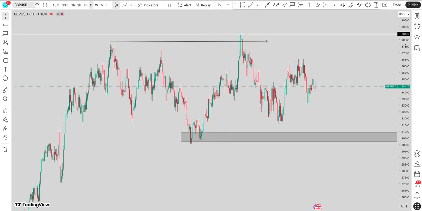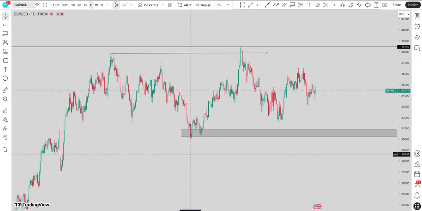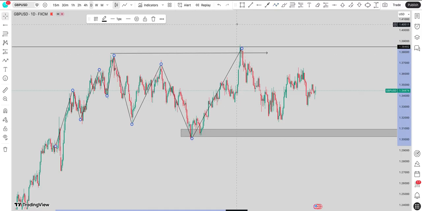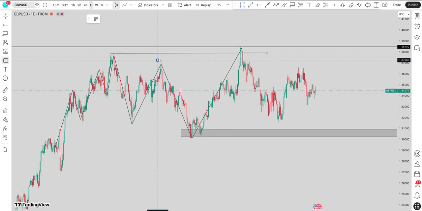So overall on the daily time frame, let's take a look at the market structure. We see higher high, higher high, low, high, low, high, change of character, retest, break of structure, change of character. So these are the major levels that I will be looking at on the daily time frame.